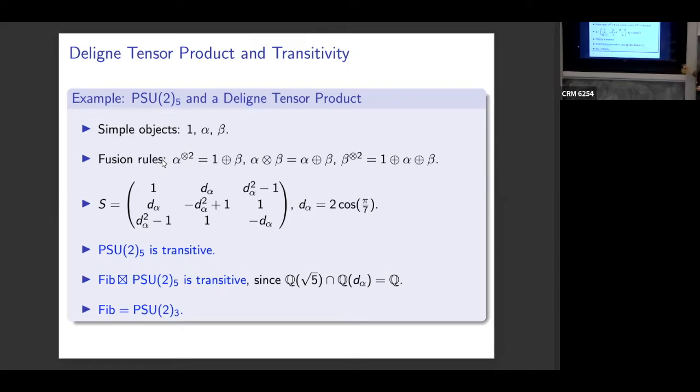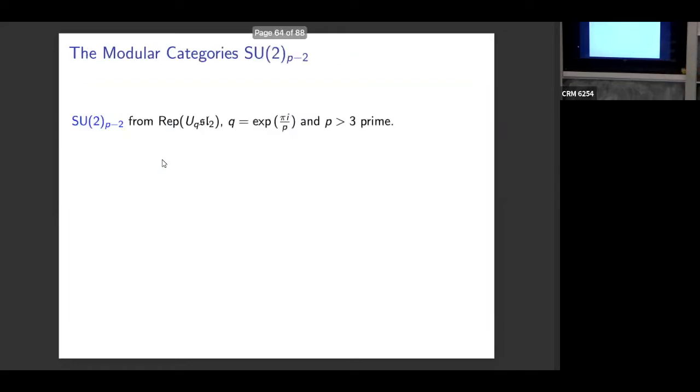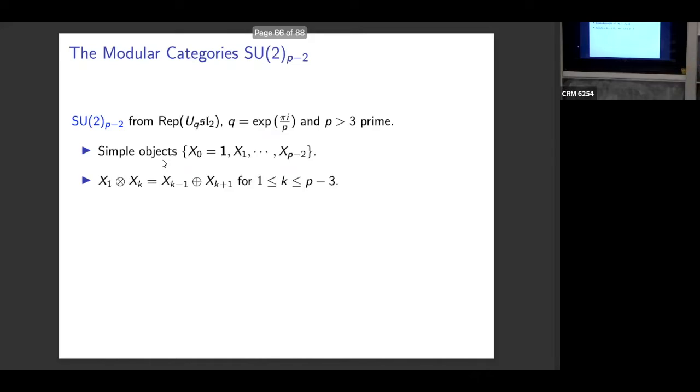These are subcategories of SU(2) level p-2. SU(2) level p-2 comes from the representations of U_q(sl2), where q is a 2p-th root of unity, and p greater than 3 is a prime number, and the simple objects are labeled from 0 to p-2. So there are p-1 simple objects, and this is an example of the fusion rules.